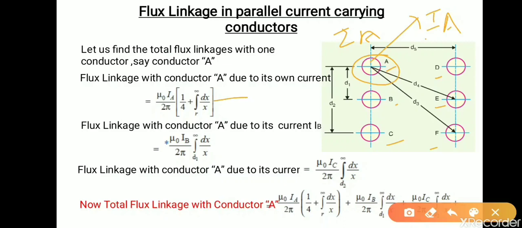Now the flux linkage with the conductor A due to the current IB is nothing but the mutual flux linkage.